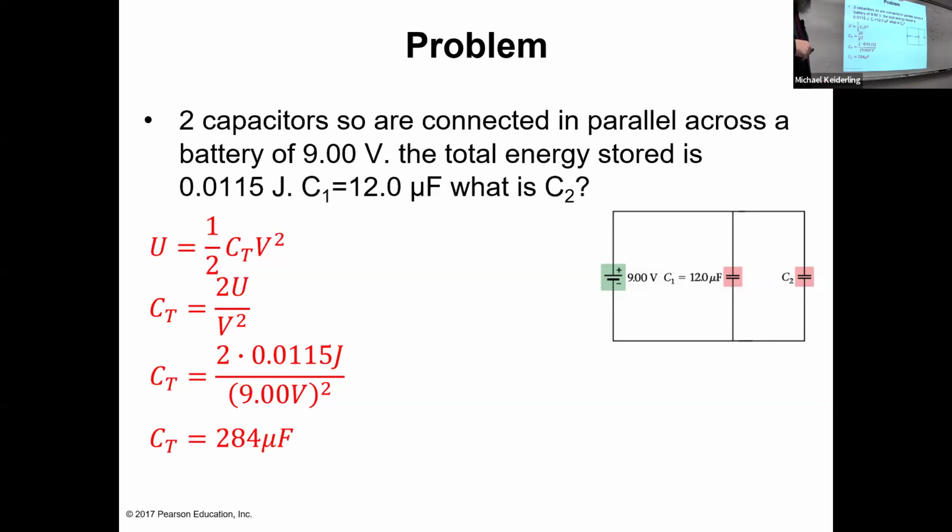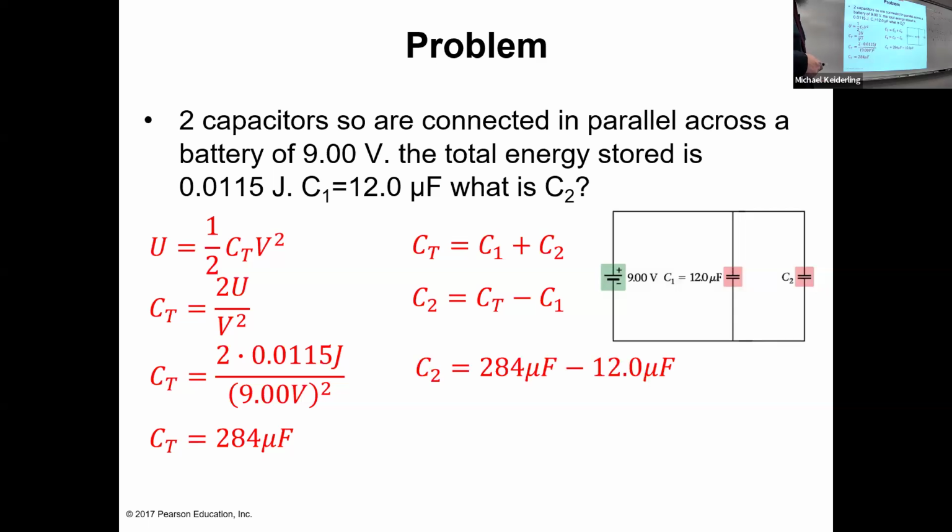So this is 0.000284 farads or 284 microfarads. These are in parallel. So the total capacitance is going to be capacitance 1 plus capacitance 2. So capacitance 2 is just total minus capacitance 1. So 284 microfarads minus 12 microfarads is 272 microfarads.